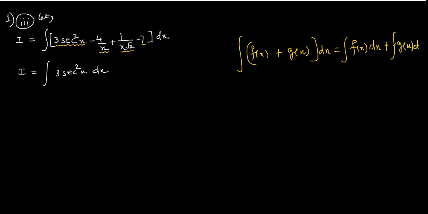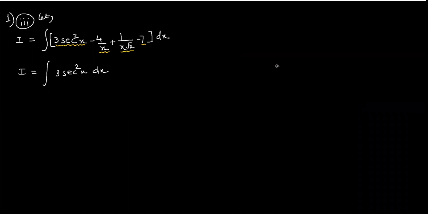So when you have the sum of two functions, the integration is the sum of their integrations, and you integrate each one separately. Likewise, if you have a difference, you will have a difference here. As I said, I shall prove all the theorems in one lecture, and that lecture will also be posted on YouTube.